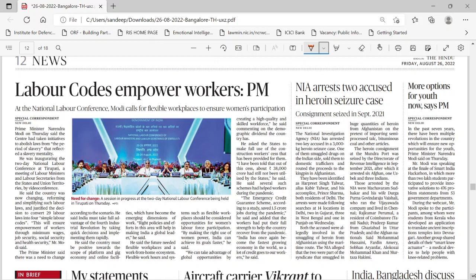Labor courts empower workers, PM. Guys, in 2020, the Modi government had passed four labor codes with respect to wages, social security, industrial relations, health and other things.